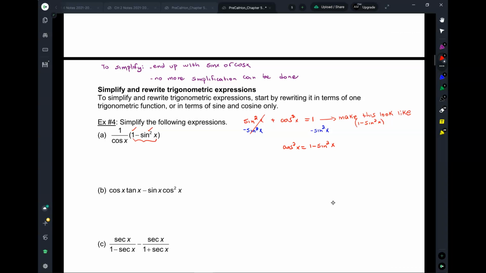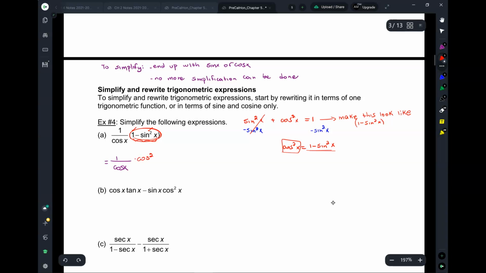Now look. Here I have 1 over cosine x. And what did I just say 1 minus sine squared x equals to? Cosine squared x. So if 1 minus sine squared x is the same as cosine squared x, can I take out the 1 minus sine squared and replace it with cosine squared x?